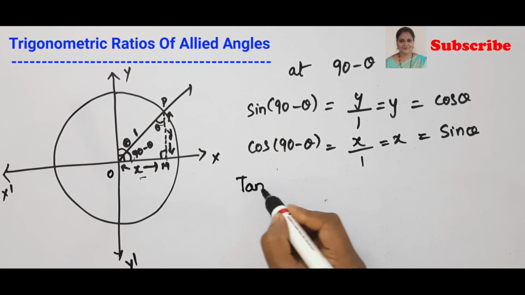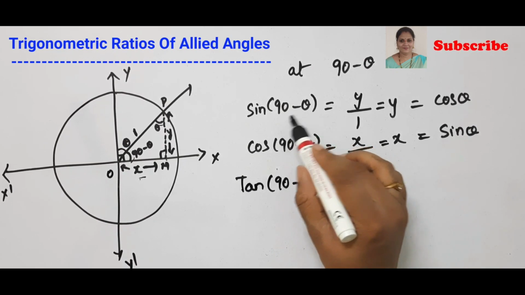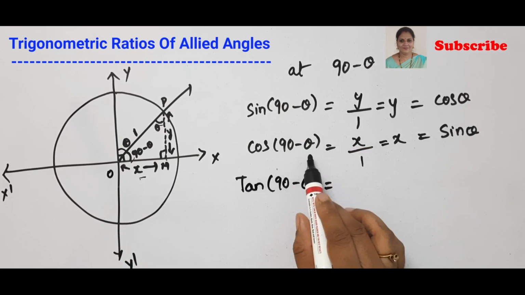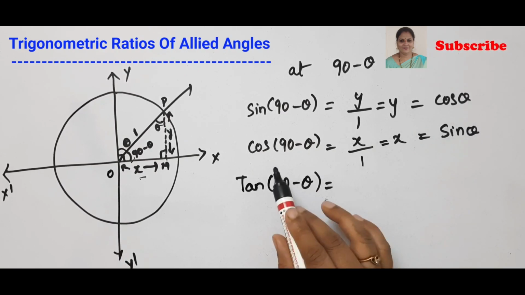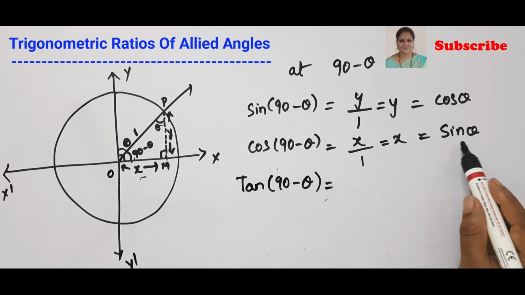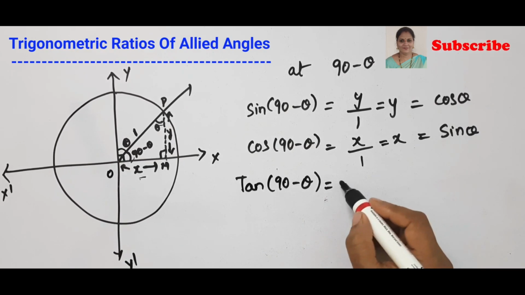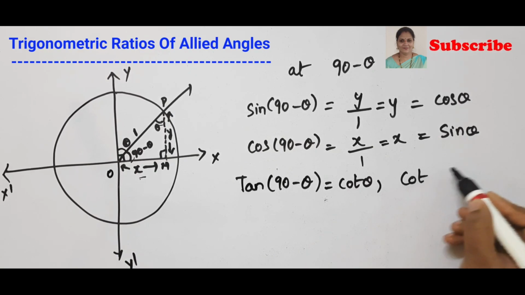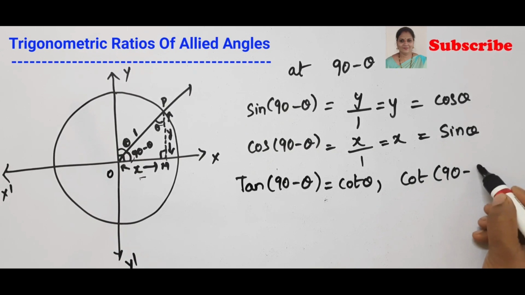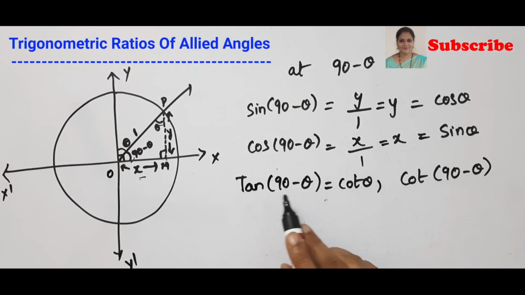Tan 90 minus theta is nothing but sin 90 minus theta by cos of 90 minus theta. We got sin of 90 minus theta as cos theta, cos of 90 minus theta as sin theta. So cos theta by sin theta is nothing but cot theta. So this is cot theta. Next, cot of 90 minus theta is nothing but reciprocal of tan of 90 minus theta.